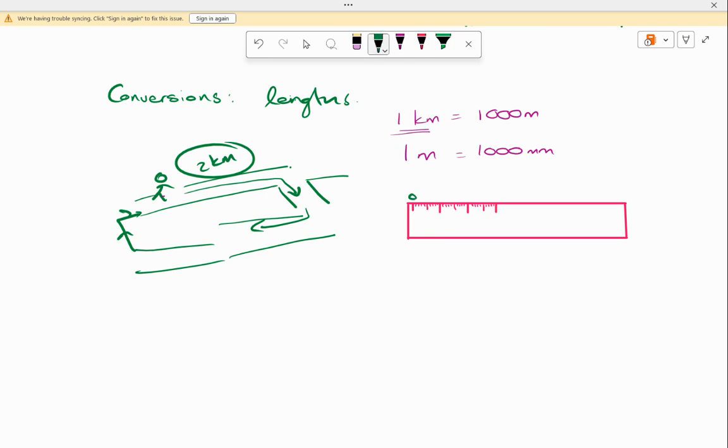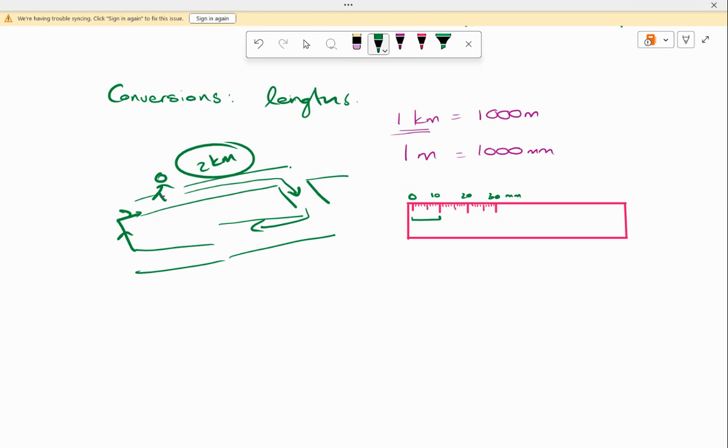This side would be 0, 1, 2, 3. But on the other side of the ruler it would have 0, 10, 20, 30. That's when you're dealing with millimeters.